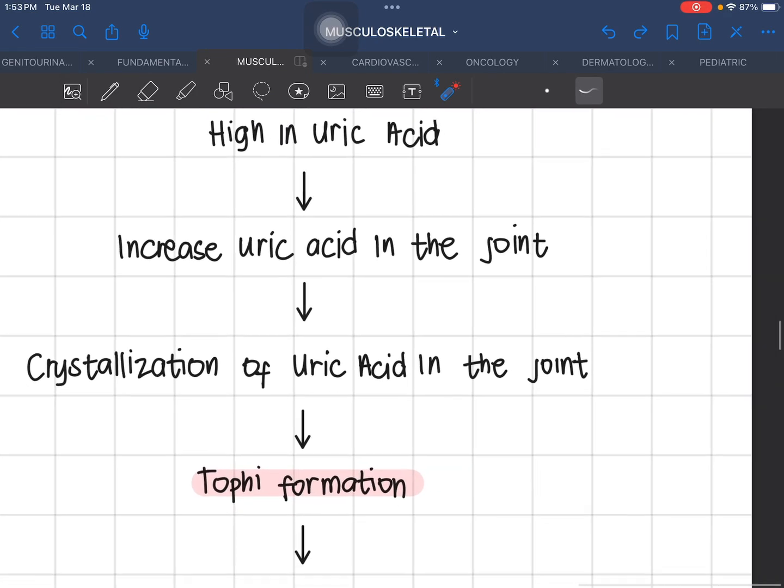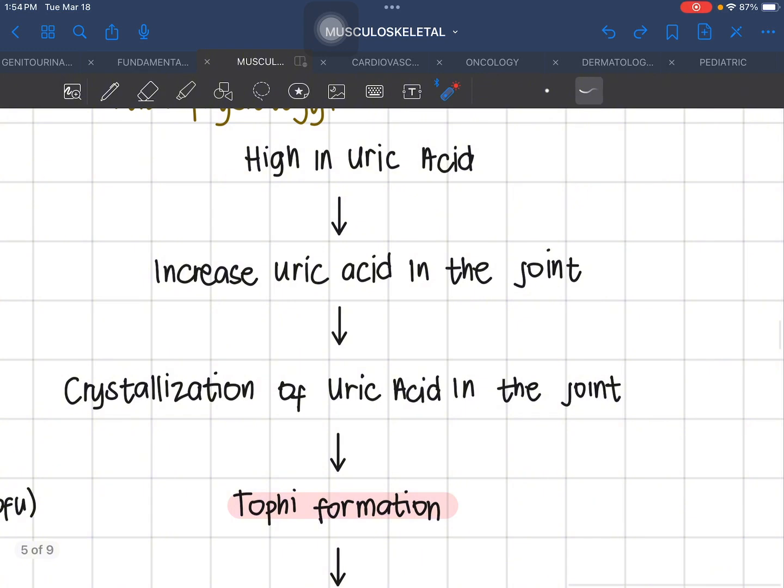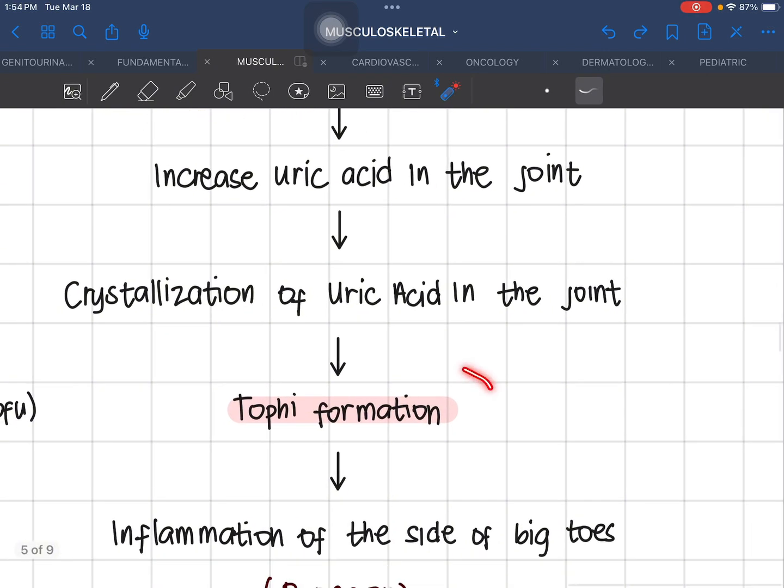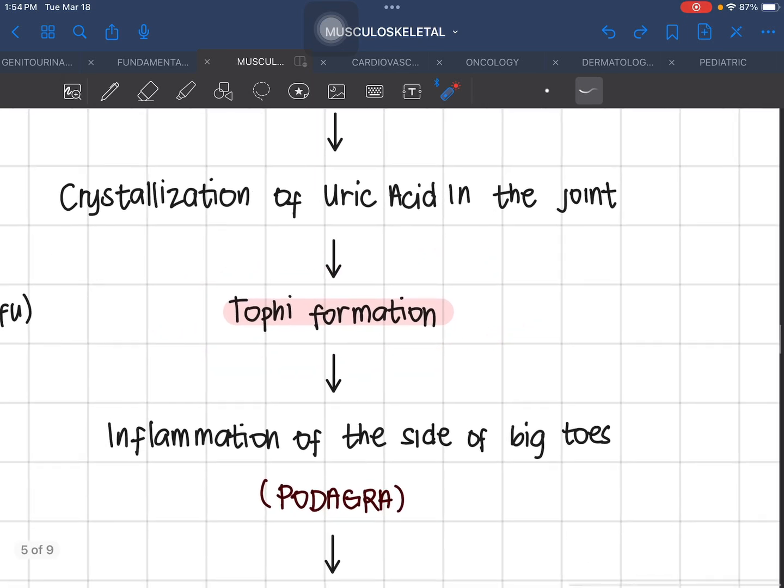So, lipat na tayo sa pathophysiology. So, dahil sa pagkain mo na high in uric acid, nagtataas yung uric acid sa joint. So, kapag nag-crystallize yung uric acid na yun sa joint, magkakaroon tayo ng tophi formation.